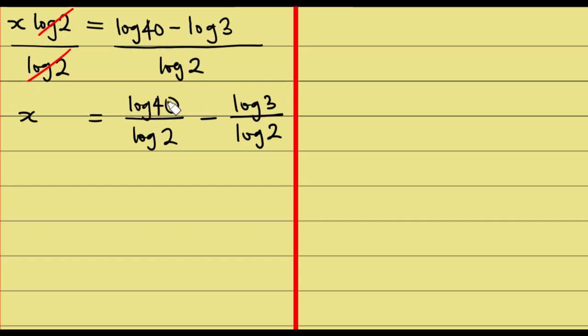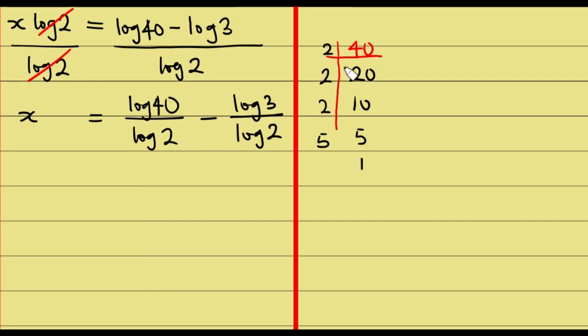Is there anything we can still do here to simplify this further? Yes, of course, we can break down 40 into multiples of its prime factors by dividing by the simplest prime factor. Starting from 2, that's going to be 20, then using 2 again, we have 10, and using 2 again, we have 5, then we use 5 and we have 1.